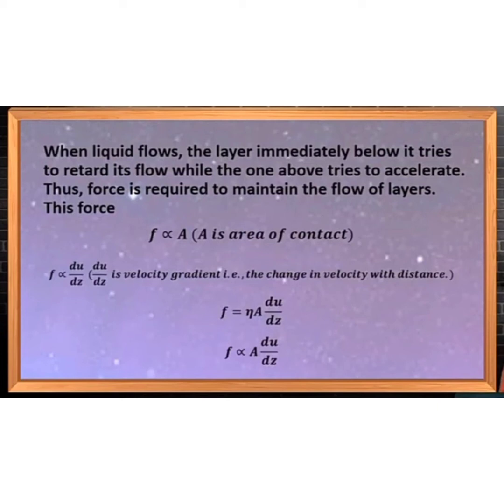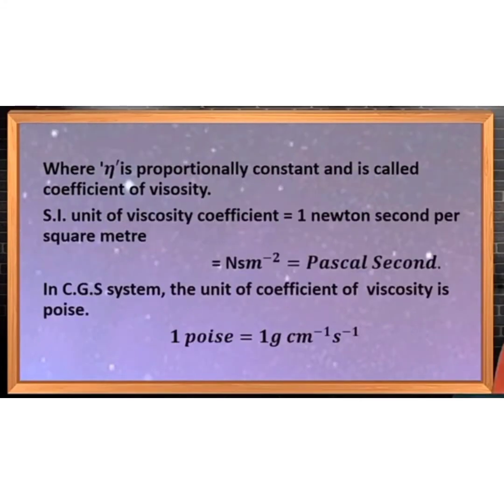This force is proportional to the area of contact of the layers and the velocity gradient. F is proportional to A, where A is the area of contact. Therefore, F is proportional to du/dz, which is the velocity gradient, that is the change in velocity with distance.